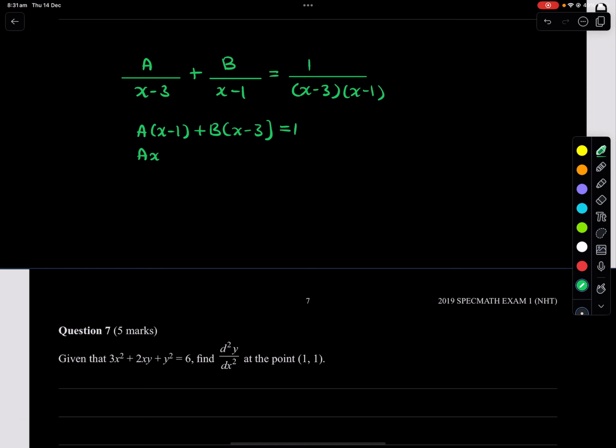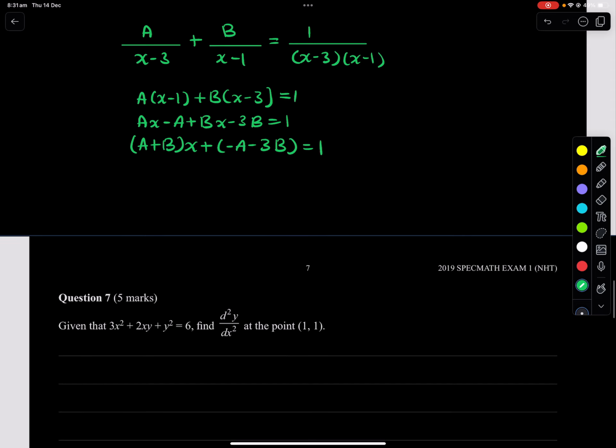Expanding this out, ax minus a plus bx minus 3b equals 1. Hence, a plus b times x, plus negative a minus 3b should equal 1.